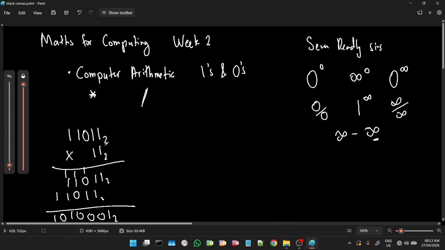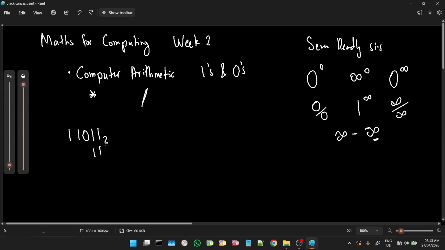But what about division? Division is exactly the same as regular old division. But what's the difference? The difference is that you have to write the quotient and remainder every time you divide. For instance, let's say you divide the number 111011 by 111.